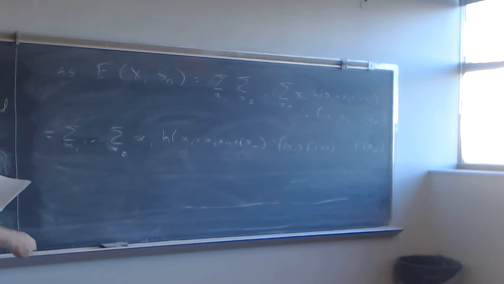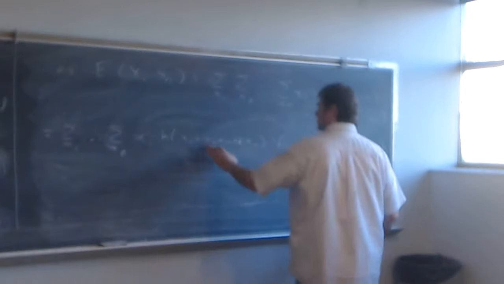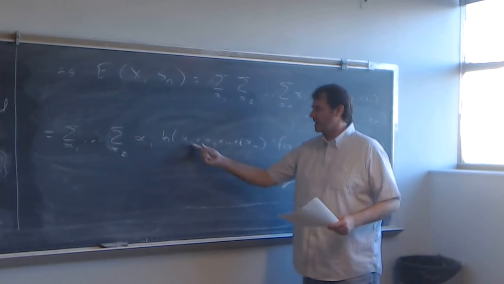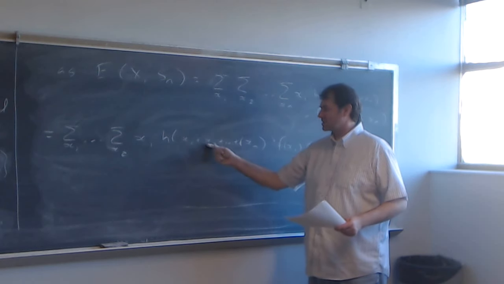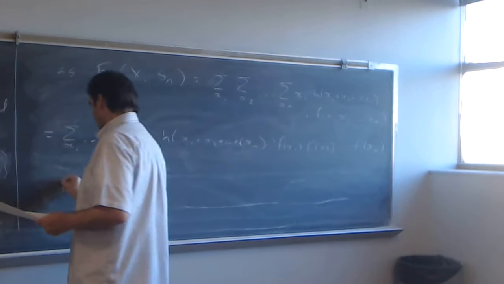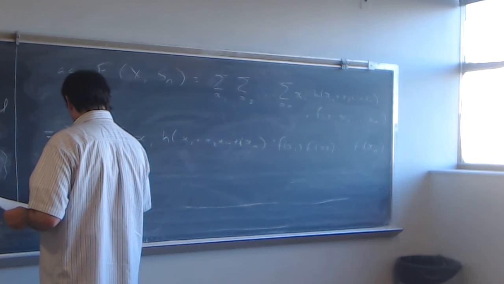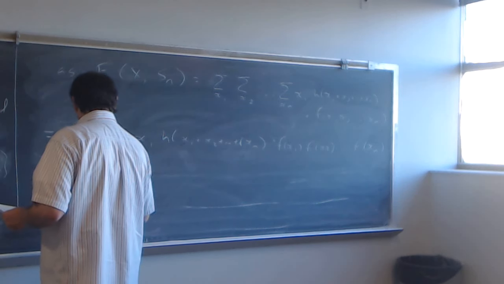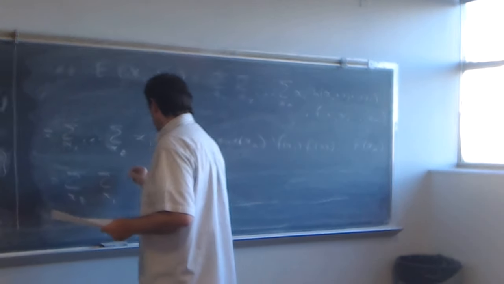But what we notice is that the x1 output values are the same as x2 output values, and f of x1 is equal to f of x2, and h of x1 plus x2 and so forth is the same thing as h of x2 plus x1 plus so forth. So I switch to x1 and x2. This is the same thing as the sum over x2, sum over x1, and here, this should have been xn.